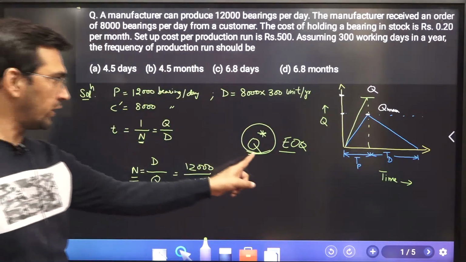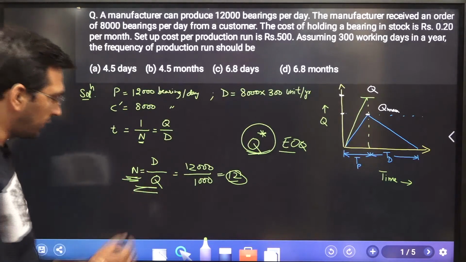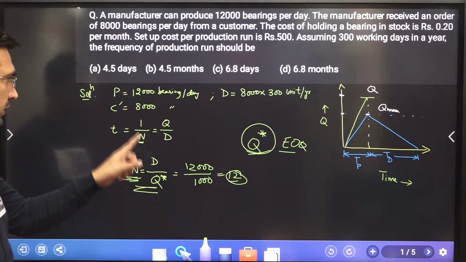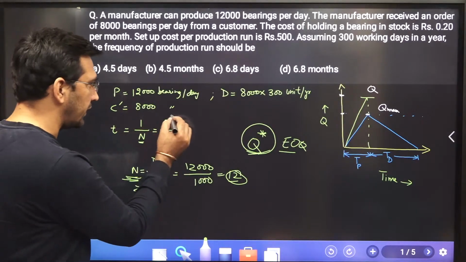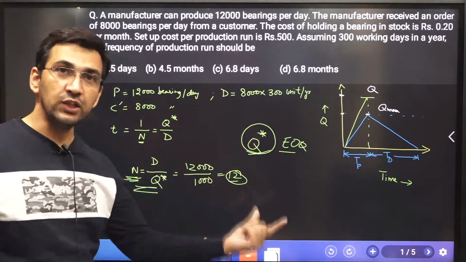So if this is the quantity that I am ordering each time, then the number of orders that I am going to place will be the annual demand divided by the quantity that I am ordering each time. So over here, instead of Q, I am going to write Q star, because this is the quantity that I am ordering each time.